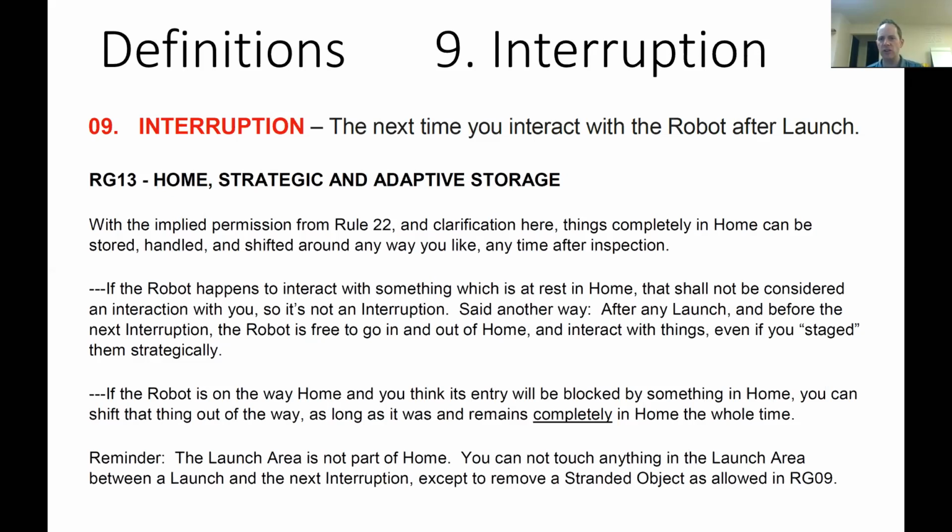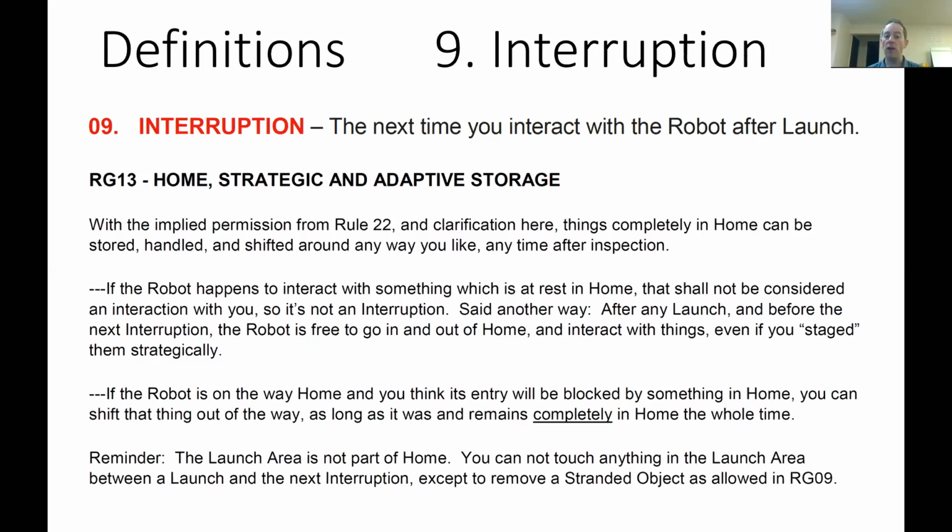As long as you don't touch the thing it's interacting with while it's interacting with it, as long as you don't touch the robot, that's not considered an interruption. So the robot can come into home, grab something, drive back out without doing a formal launch. But if you touch it while it's in home, then it has to be an active launch.